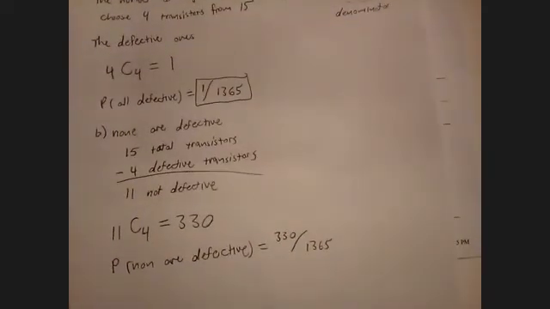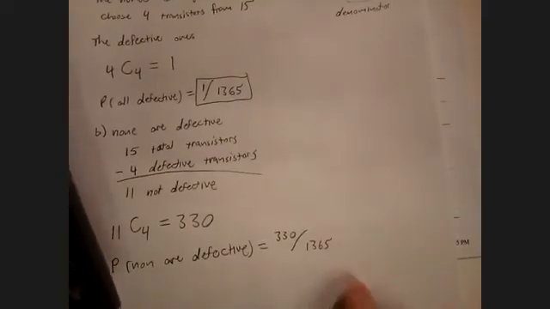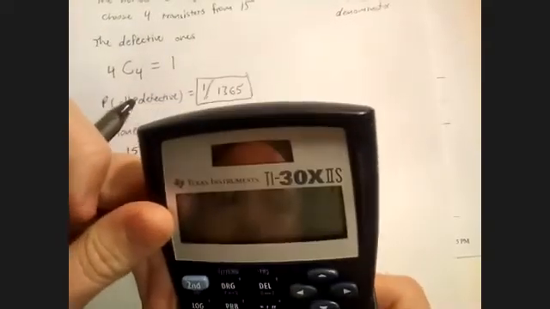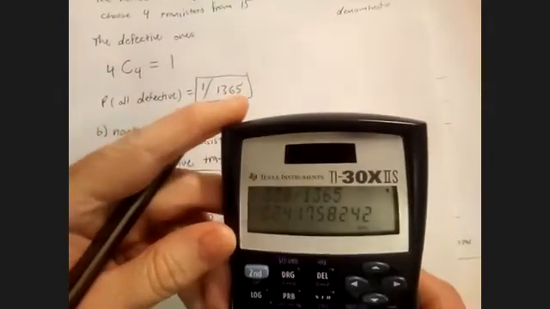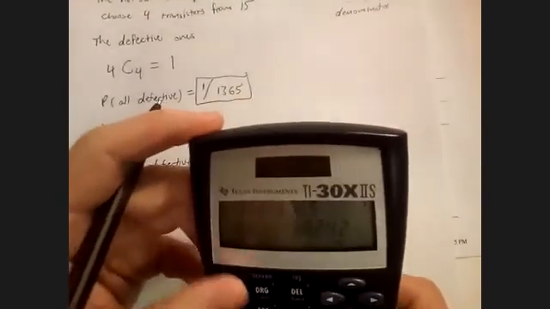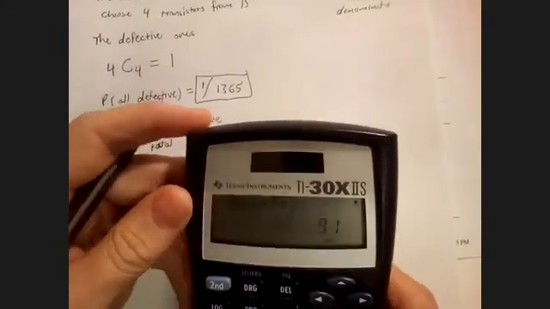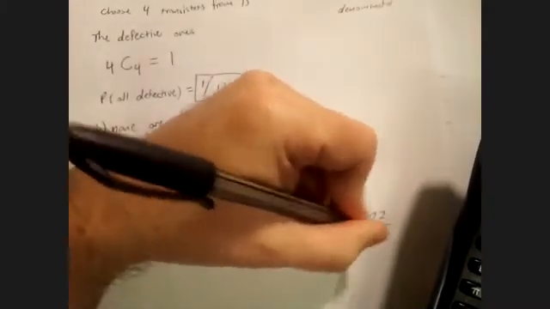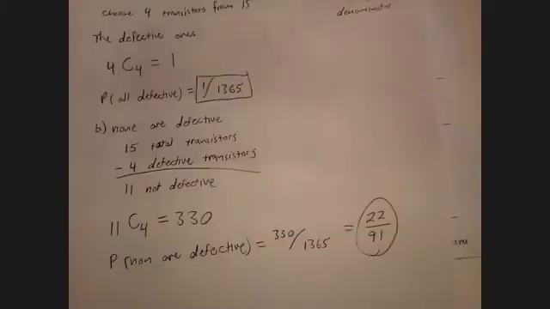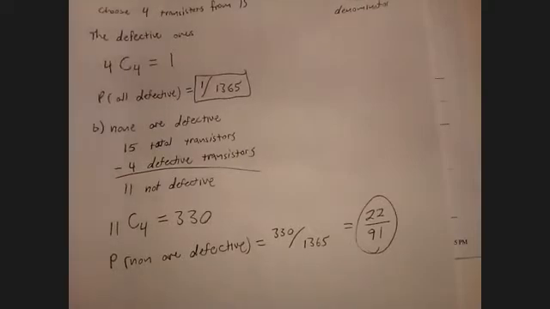Now I can type this number in and push the button on the calculator. I get a decimal, of course. Second PRB, and look, it even gives me the reduced fraction, 22 over 91. So this is what MyMathLab is going to want. All right, so that's number 7. I'm going to look at number 8 next.